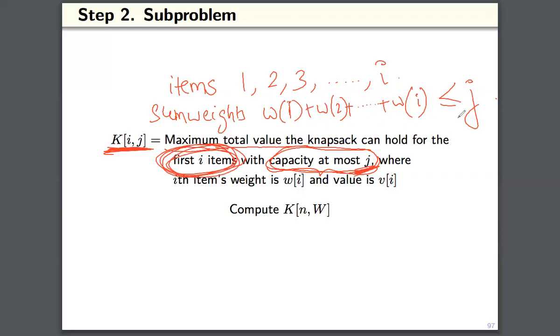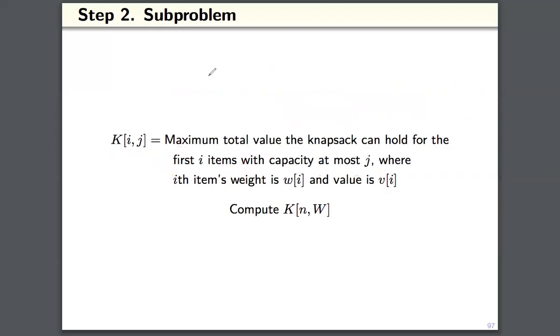Does that mean each item has a maximum weight of j, or the total of them? No. So I shouldn't say W1 to Wj.